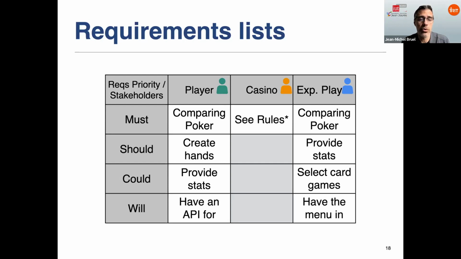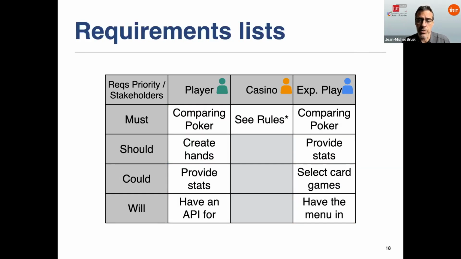I'm pretty sure you all know the MoSCoW acronym to separate the requirements: which ones are absolutely necessary, so it's a must; what is really desired by the clients, which is should; what is optional, which is could; and what is really not important, but maybe for the future. Some people call this very last category won't, some people even call it want, so that okay, we won't deal with this feature.